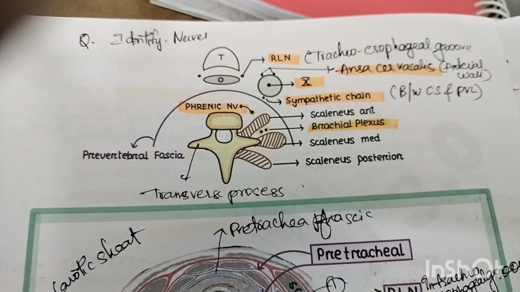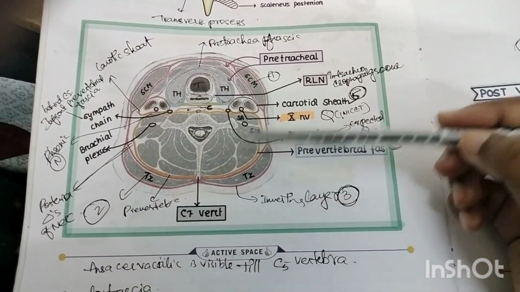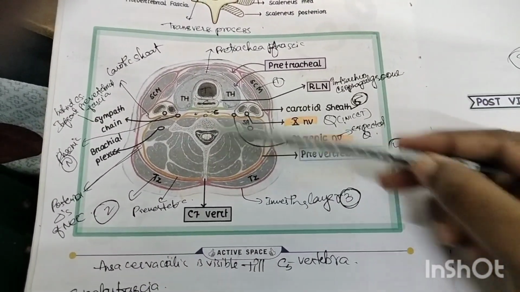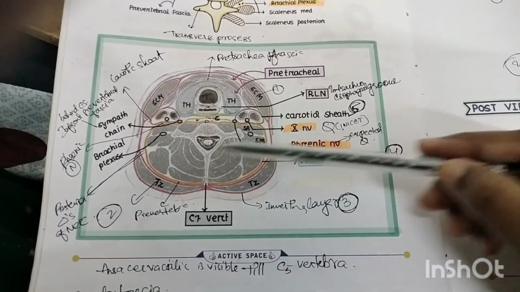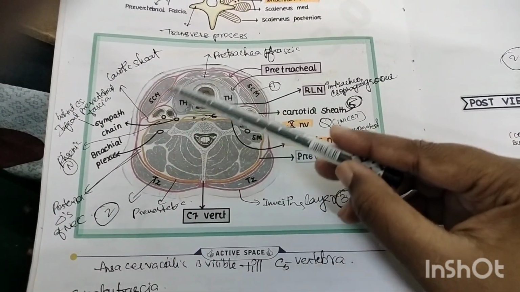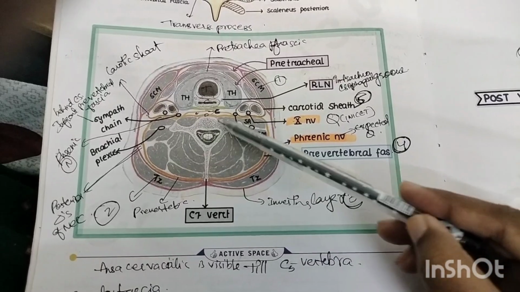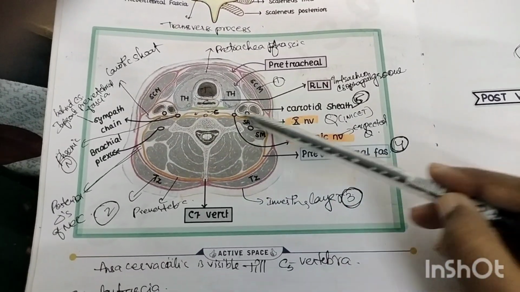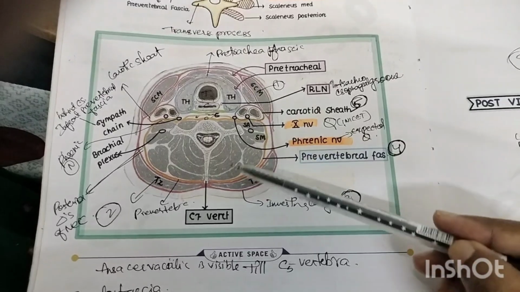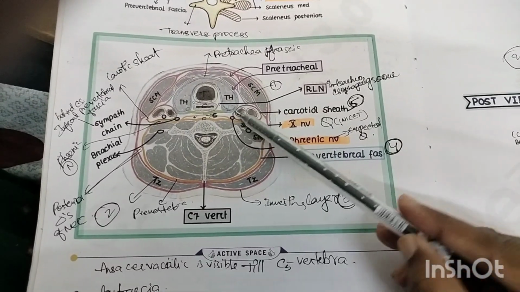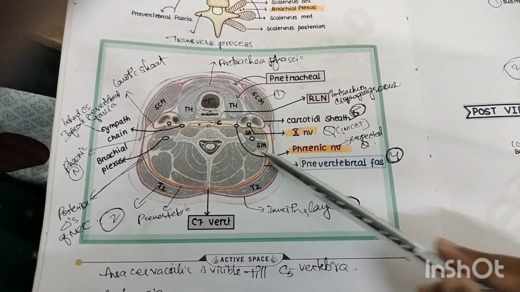If we see the transverse section image, this is the vertebra, this is the sternocleidomastoid muscle and trapezius. This is enclosed by the investing layer, and this is the vertebra, and this is the prevertebral layer. In the prevertebral layer, we have scalenus anterior, scalenus medius, scalenus posterior. In front of the scalenus anterior, we have the phrenic nerve.